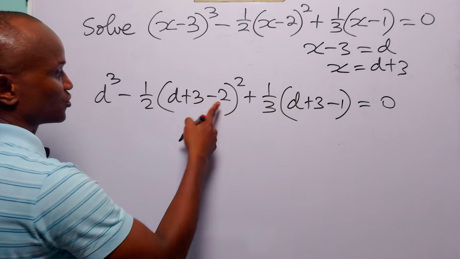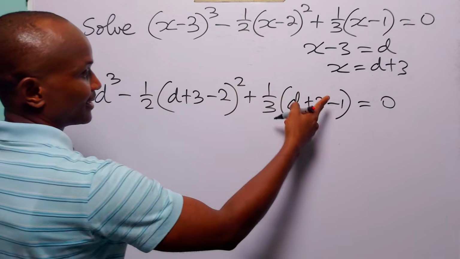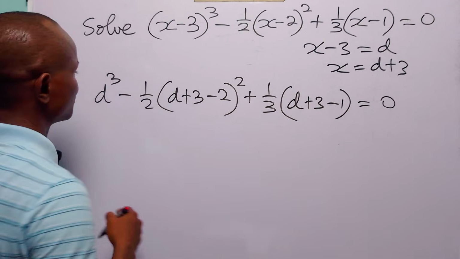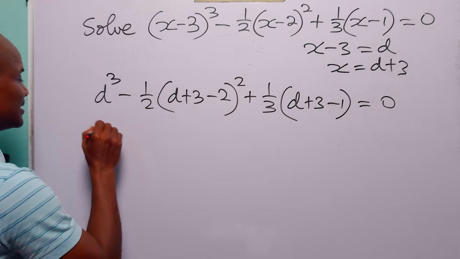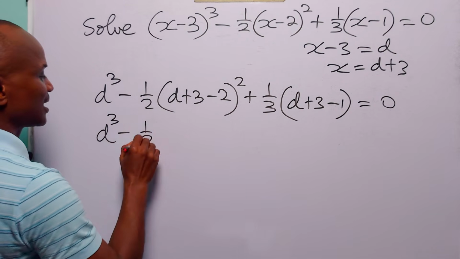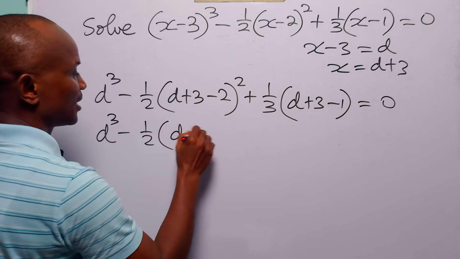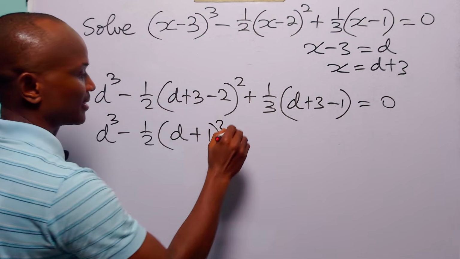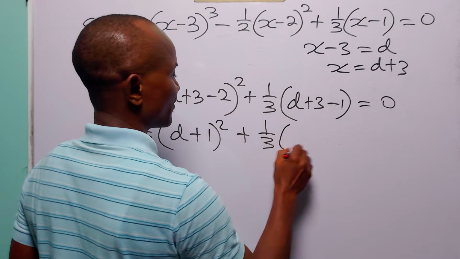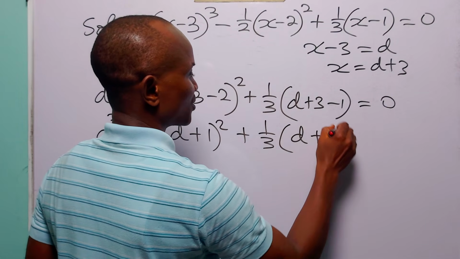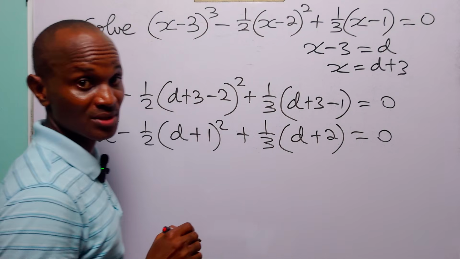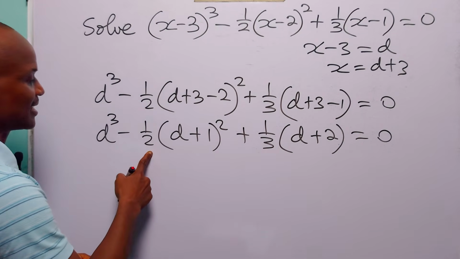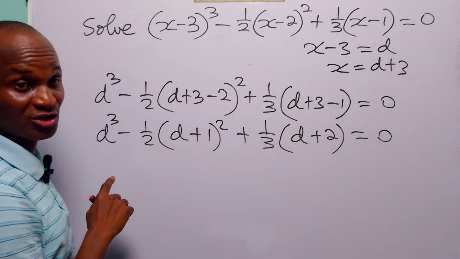Now 3 minus 2 is equal to 1, and 3 minus 1 is equal to 2. So we have d cubed minus half times d plus 1 squared plus 1 over 3 times d plus 2 is equal to 0.